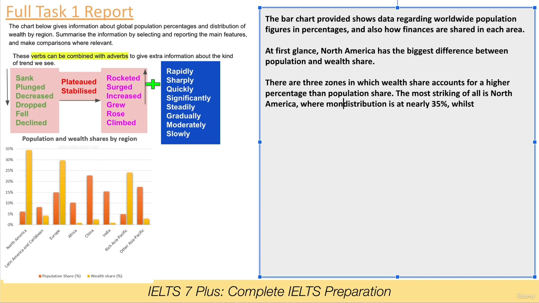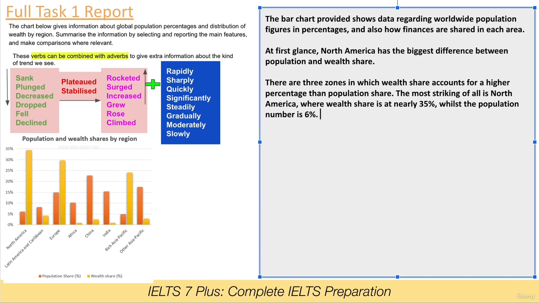Wealth share is at nearly 35%, whilst the population number is maybe 6%.